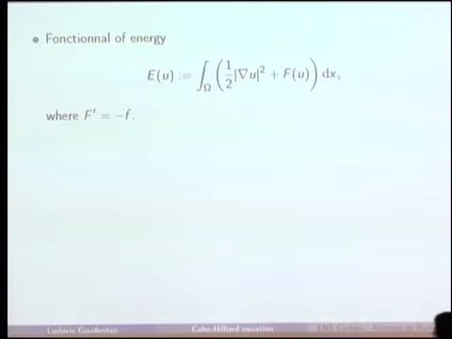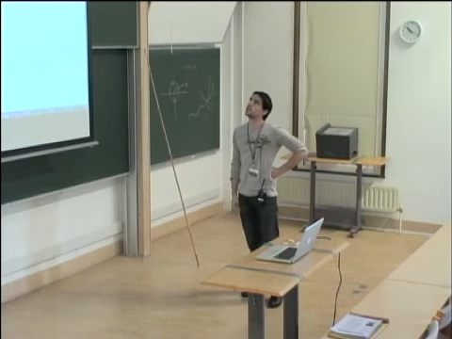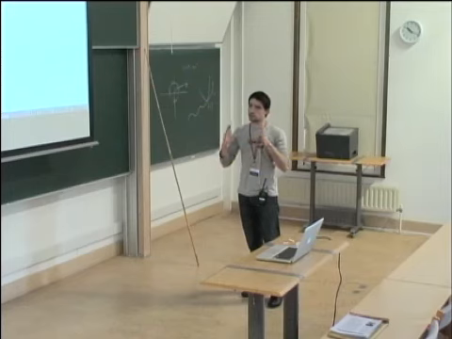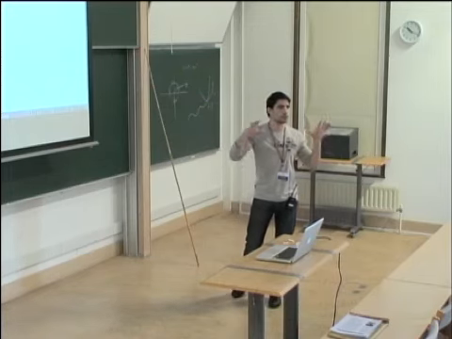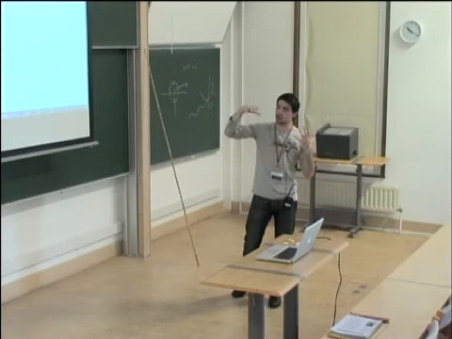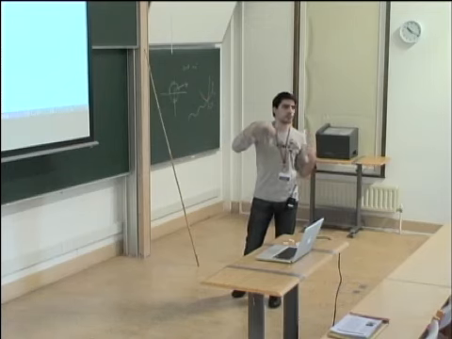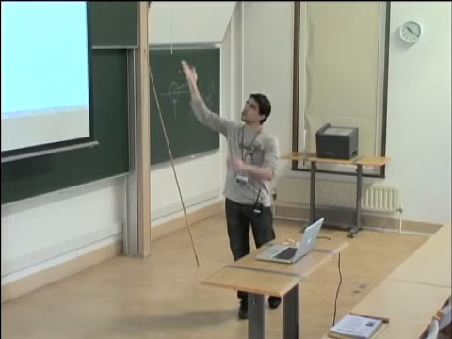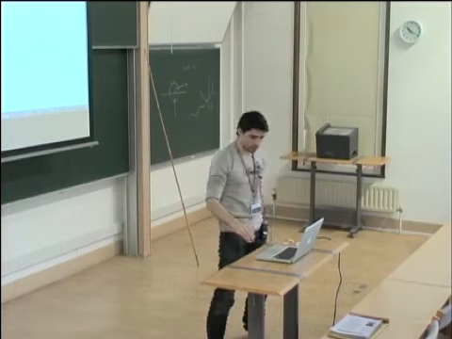To describe this equation, we have an energy. This energy is described by two terms. This is the nonlinear term, which is the potential of the equation, the capital F. And you have another term described by a gradient, which is the energy of the interface. When you have the two phases, in the interface you have energy because of the gradient of the solution.